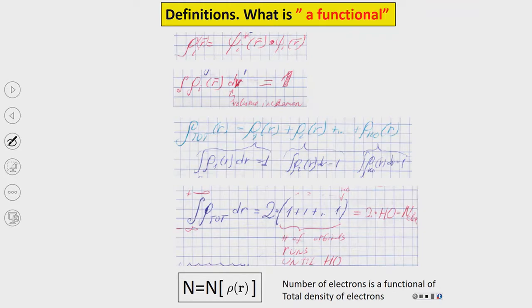Now, if you add together charge density for all occupied orbitals from first, second, up to HOMO, right? Each of which depends on the same coordinate, on the same independent position.